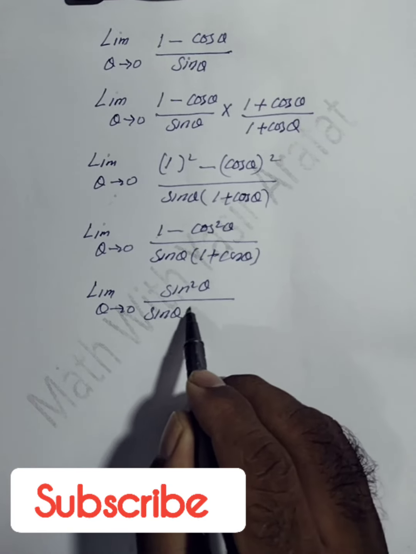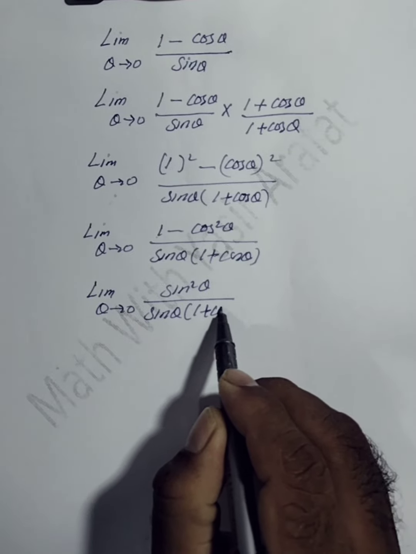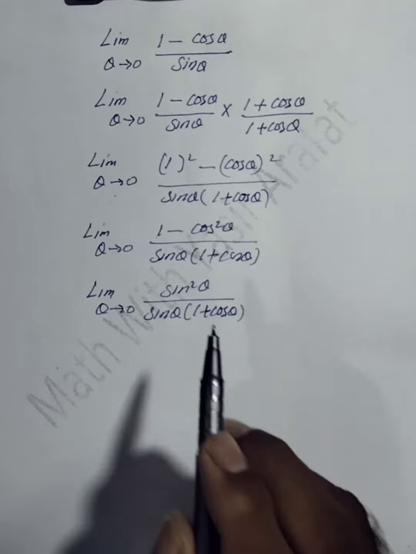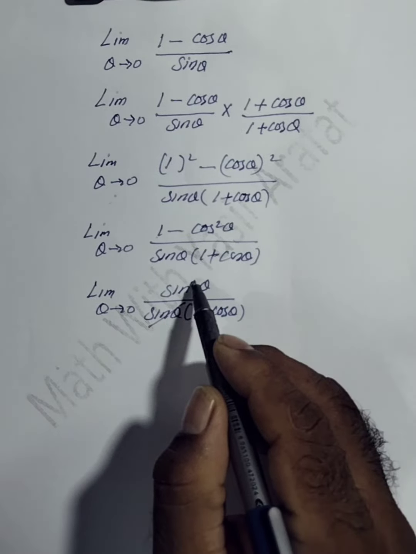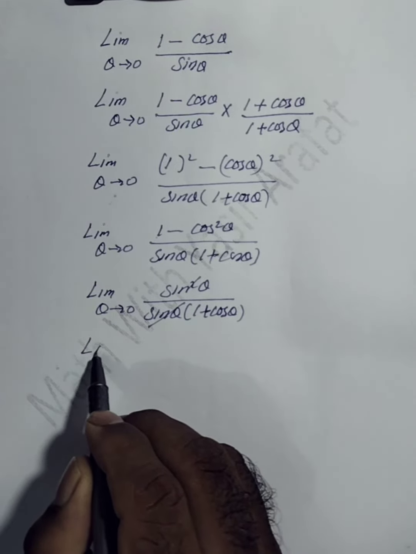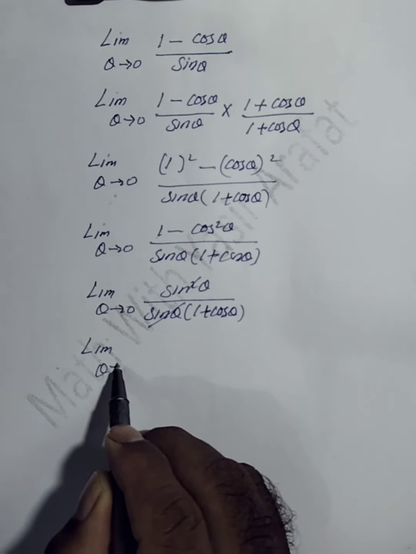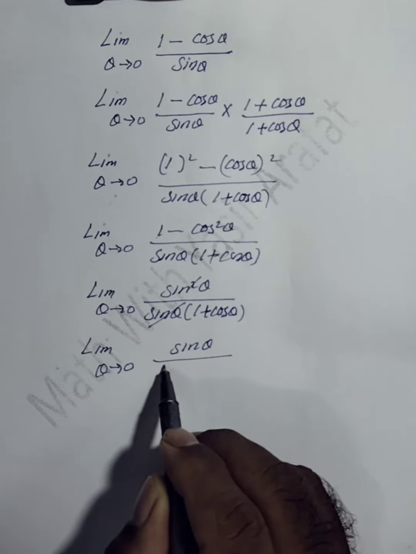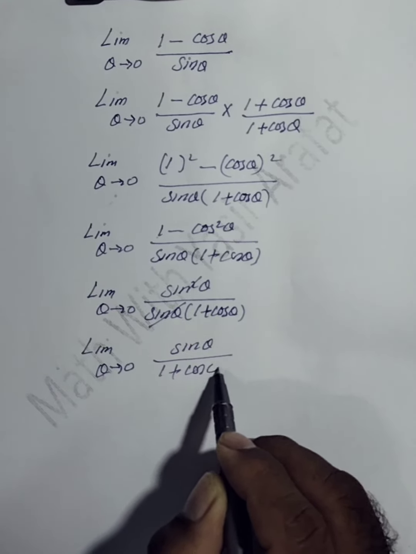So this is sin square theta over sin theta into 1 plus cos theta. One factor will cancel out in the numerator with the one factor in the denominator. So this is sin theta over 1 plus cos theta.